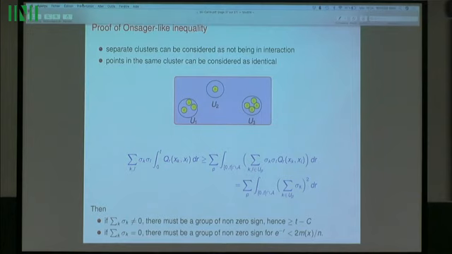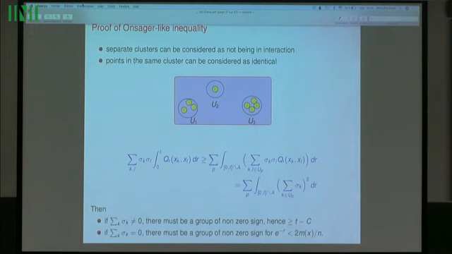So in this integral here, you can restrict integration over the scales for which the partition into clusters exists. Once you have the partition into clusters, separate clusters do not interact, so you can separate this sum into the sum over separate clusters, and inside each cluster, you can consider that these two guys are the same, so this Q becomes 1. So inside each cluster, the contribution is just the sum of charges to the square, okay?